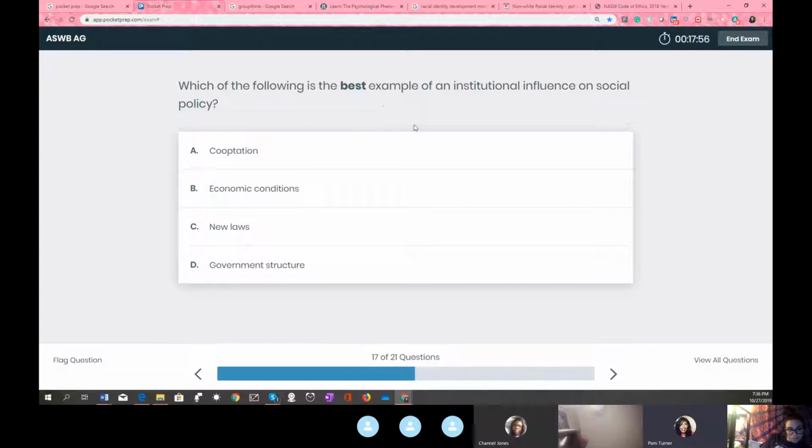Which of the following is the best example of institutional influence on social policy? So social policies are things that eventually become laws. So what's the best example of institutional influence? Come on, be brave. Chime in, just give me an answer.